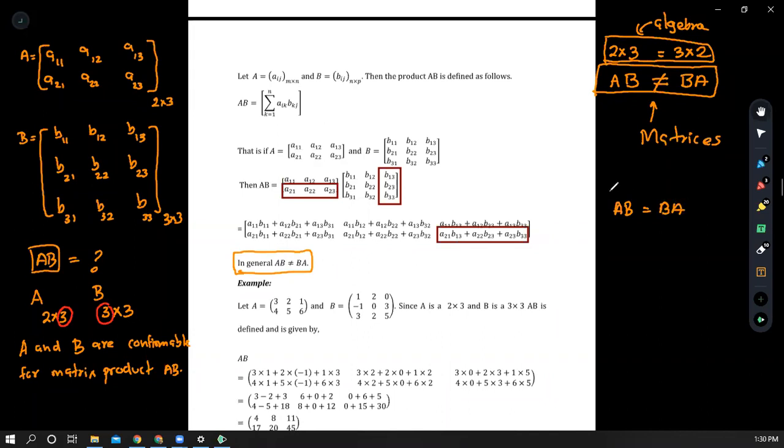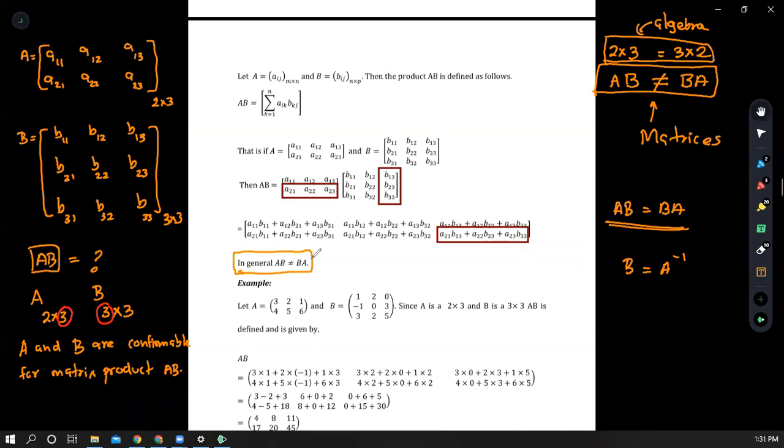When we are discussing the inverse of matrices, if B is the inverse of matrix A, then this equality is satisfied. For any other cases, even though matrices are conformable for matrix product, AB in general does not equal BA.